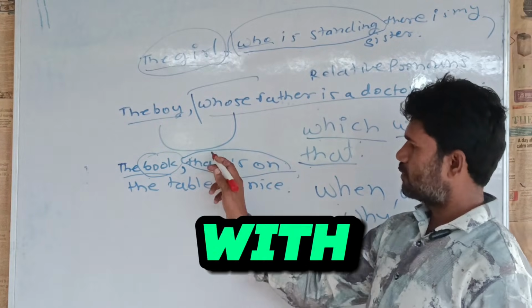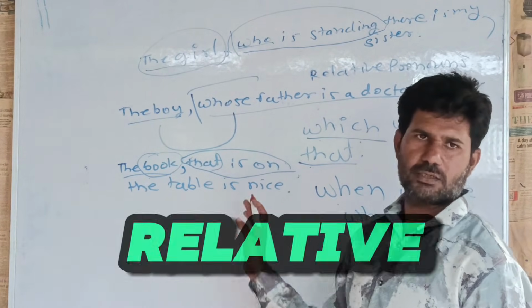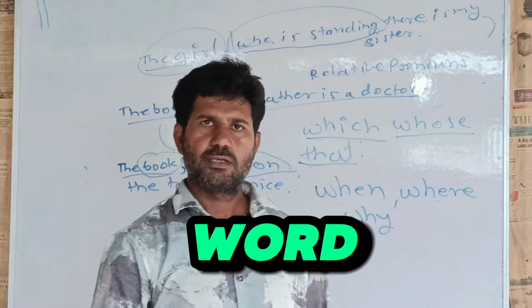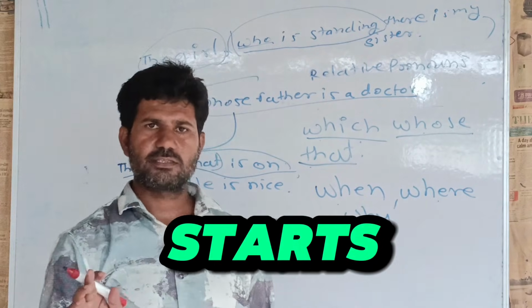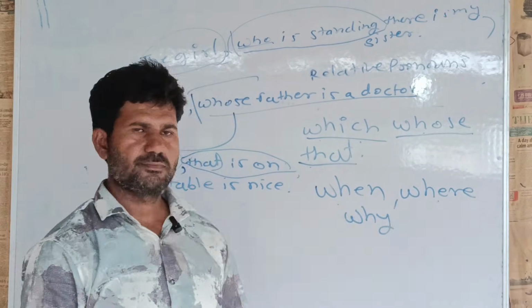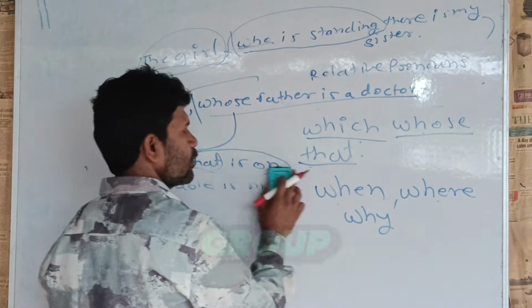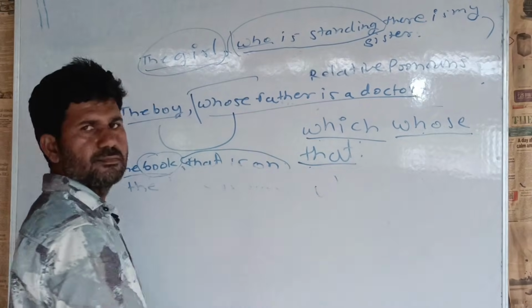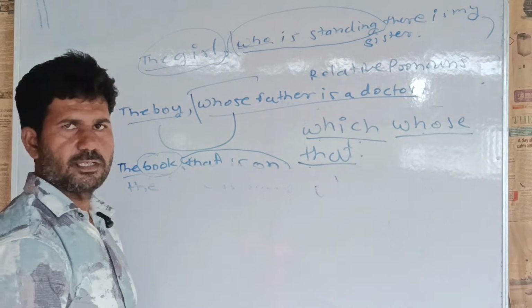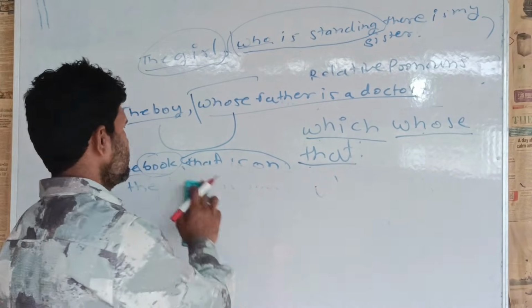The clause starts with the word that, which is a relative pronoun. So we have covered relative pronouns, 5 words that start an adjective clause, a group of words that contains a description of a noun.